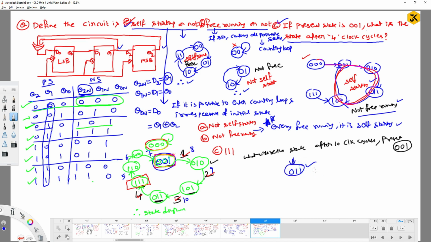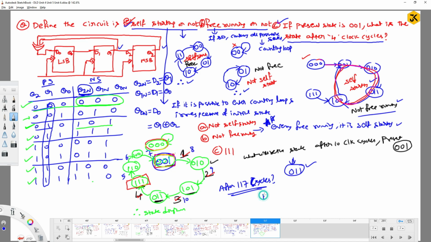Right? But is the way you are counting going to be correct? For example, if they are asking for after 117 clock cycles, then how can we do this? It is simply a kind of multiples of 7, right? The loop is going to be repeated for multiples of 7.